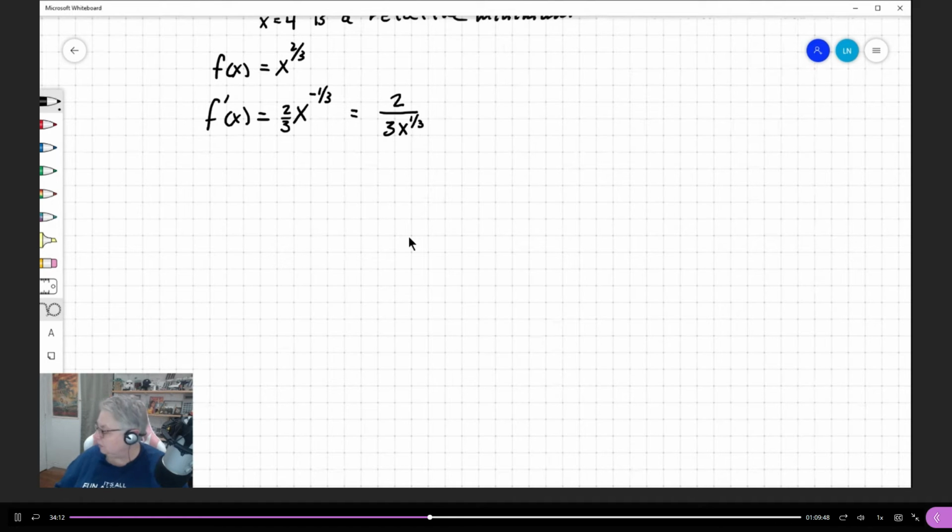But there is absolutely a place where the derivative is not defined. If x is 0, then the derivative is not defined because that would put a 0 in the denominator. So at x equals 0, f prime of x is not defined.